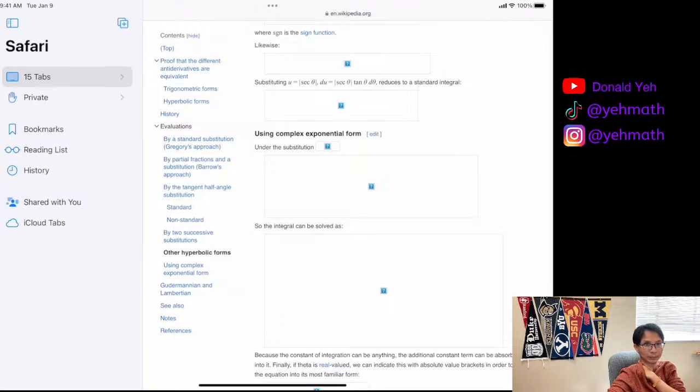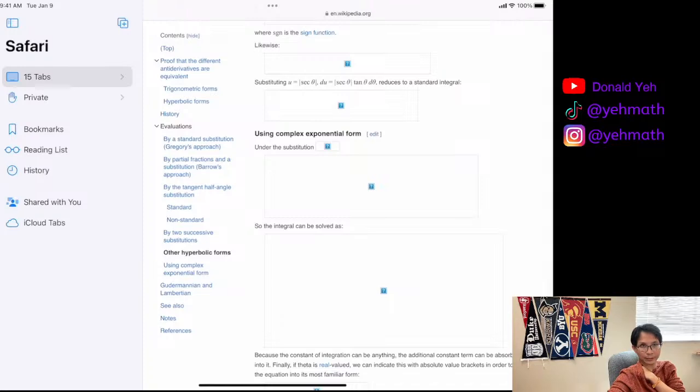Oh, I know this way. I learned this in competitions. That's pretty wild. Hyperbolic form. So this is Gregory's approach. I don't know when he invented it though. It doesn't say.